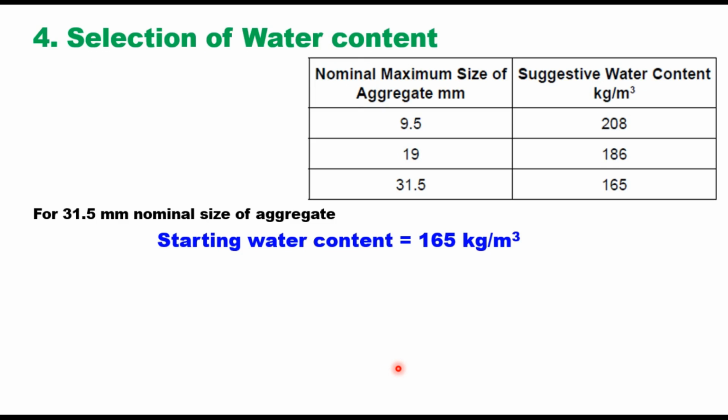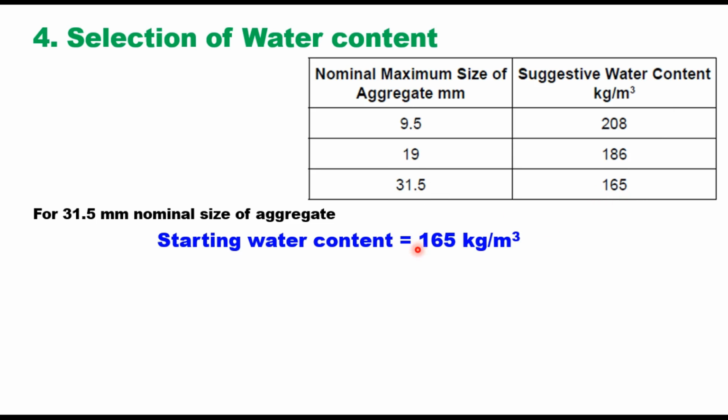The next is selection of water content. Water content also depends upon several factors, but the most important are type of cementitious material and aggregate size. This table is suggested in IRC 44 that for nominal maximum size of 31.5 mm, the suggested water content can be taken as 165 kg per meter cube.